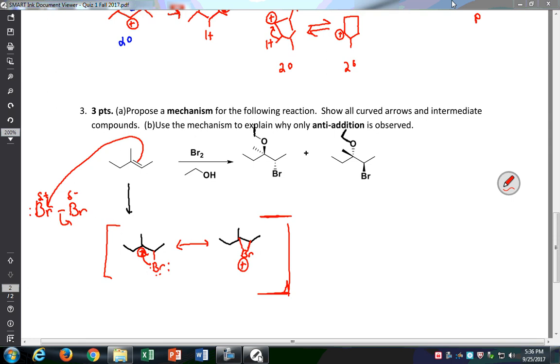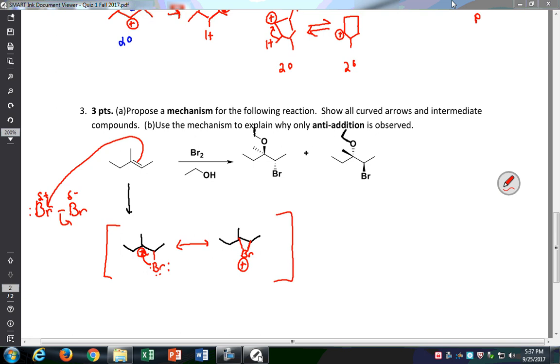Remember, resonance stabilizes the charge more than induction, primary, secondary, or tertiary. A primary carbocation can exist if it's in resonance. So that is our main intermediate that is causing our observed regiochemistry.